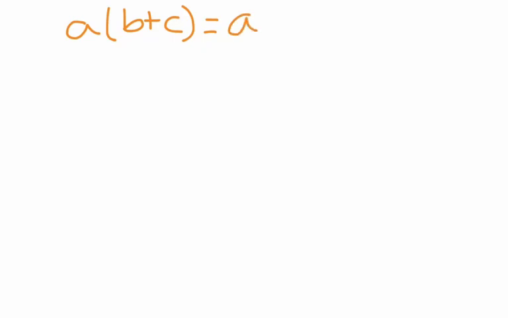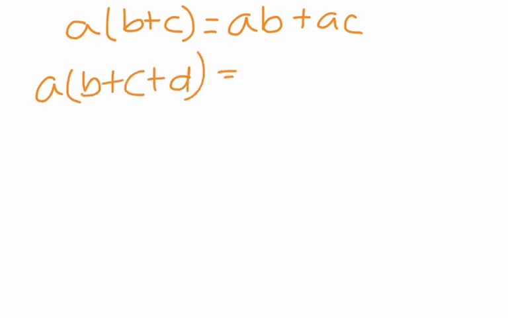So each term, that could be a times b plus a times c. It doesn't matter if a, b, or c are positive or negative. That's not going to change it at all. It also doesn't matter if you had more stuff. If you had a times b plus c plus d, the distributive property would still hold. That would be the same as if you multiplied each thing individually.